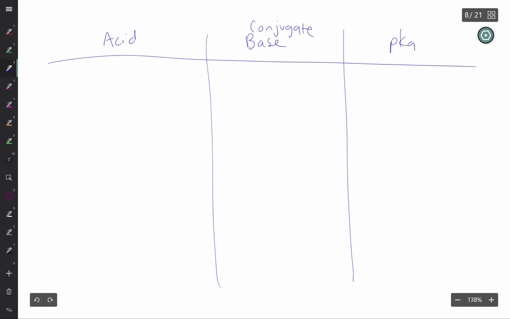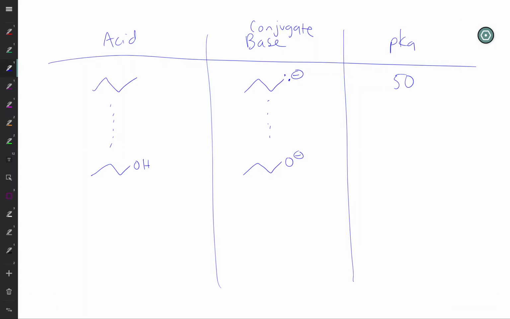Just a sampling of them: at the top of the list, you have butane and its negative ion, and the pKa of that was 50. Somewhere in the middle, you had propanol and its conjugate base, and the pKa there was about 16.